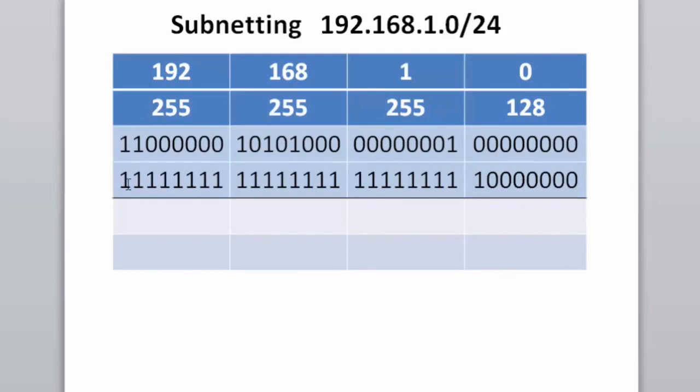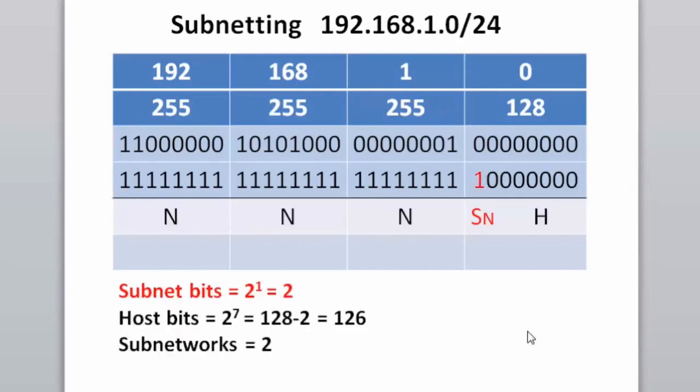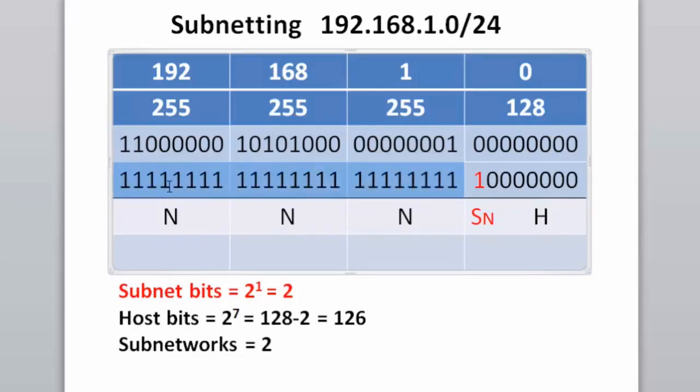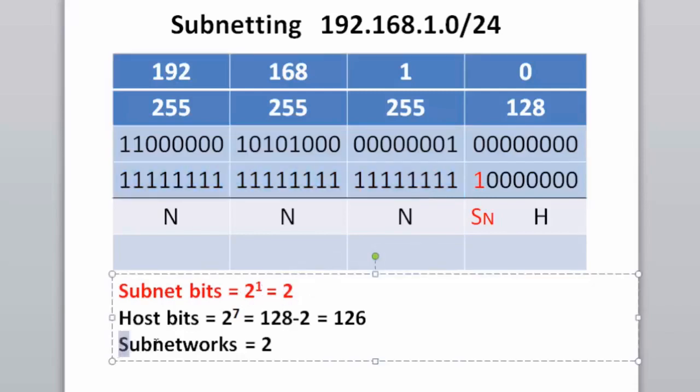This completely changes the nature of the network. We now have a /25 subnet mask, and we only have 7 host bits. Starting from a /24, we have borrowed 1 bit from the host portion. We call this 1 bit a subnet bit. So for subnet bits, we now have 1 bit, or 2 to the first power, creating 2 subnetworks.